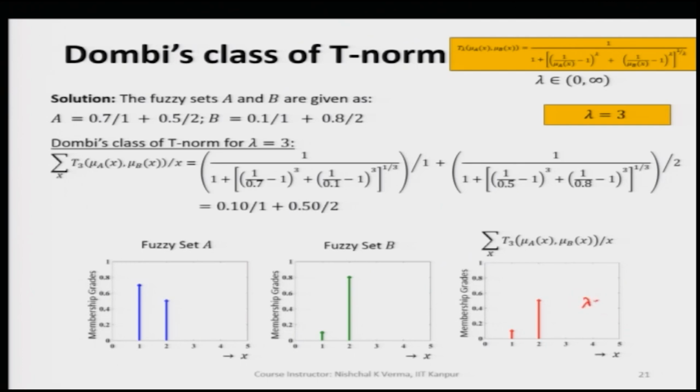Similarly, here lambda is equal to 3, once again we see there is an increase in the membership values.